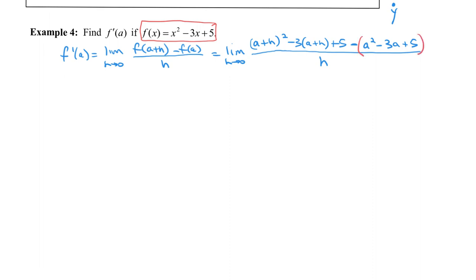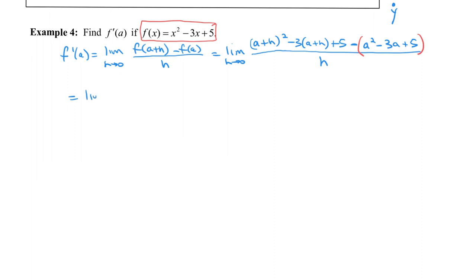Because now I've got f of a plus h minus f of a. So then what we have to do is square this, distribute the -3 through and distribute this negative through, and then algebraically clean up the mess.